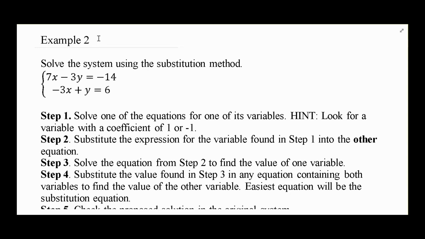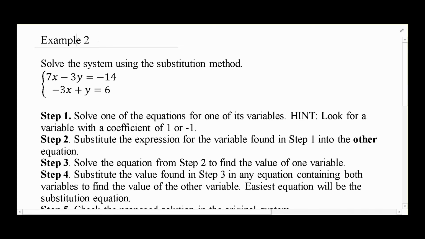In both algebraic methods, our steps are basically a way of taking a system that has two equations, two unknowns, and somehow boiling it down to only one equation with one unknown. If we can solve the one equation, one unknown, then we can take the answer and plug it back in to figure out the other unknown. That's our overall goal of both methods, and we're just going to look at two different ways of approaching it.